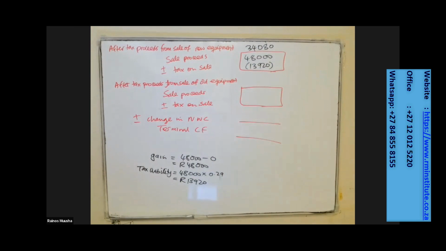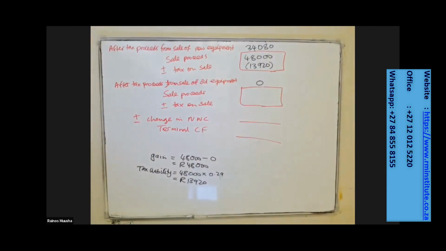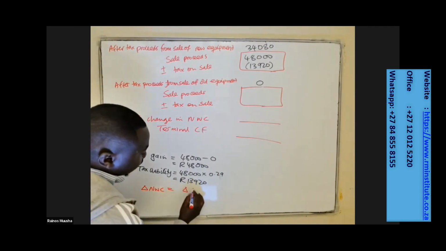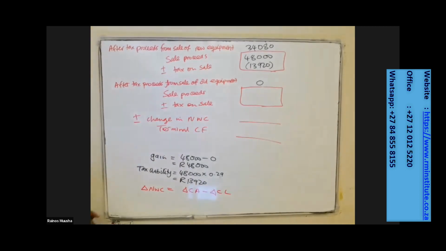For the current equipment, they don't tell us exactly how much we're going to be able to sell it for at the end of 4 years. So we're assuming that we're not going to be able to realize anything at the end of the 4-year period. Now, when it comes to the change in net working capital, it is given as your change in current assets minus your change in current liabilities.